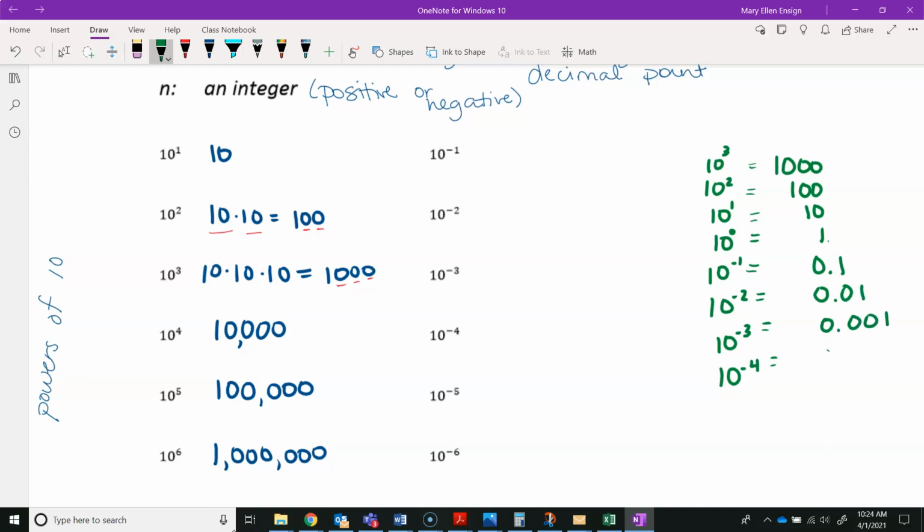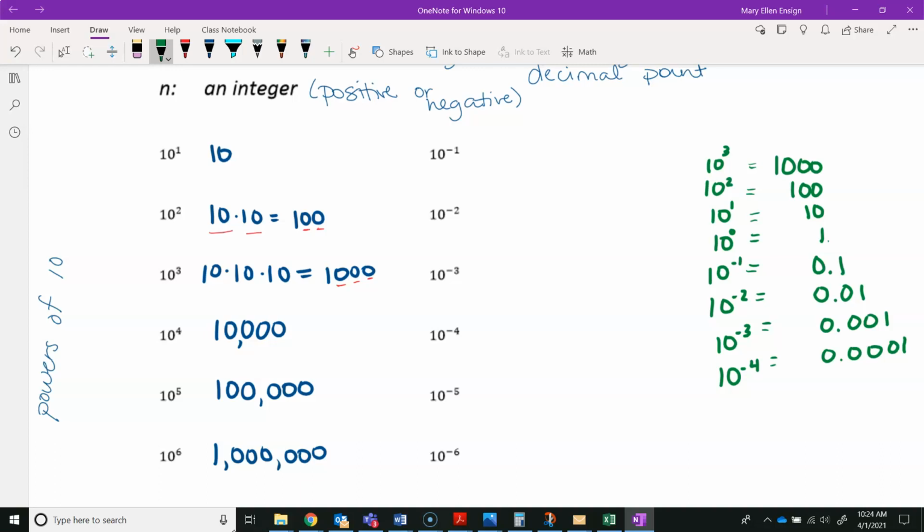And every time my 1 would keep getting moved over one place. Okay, so here's my pattern. My exponents are going down by 1. My number gets moved over every time one more place value.